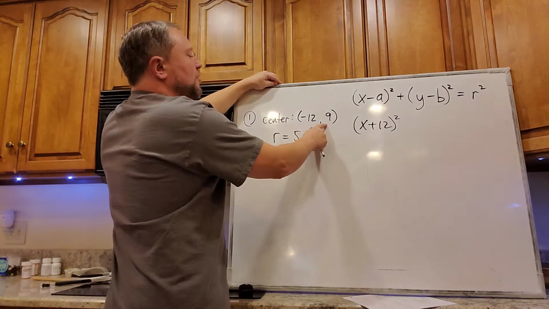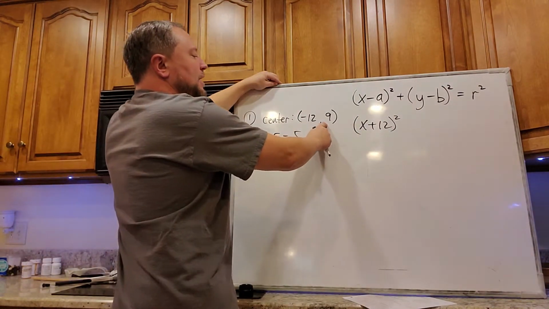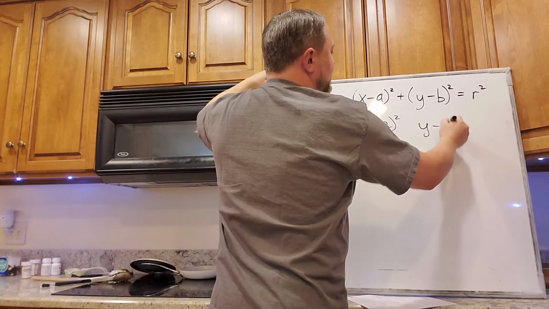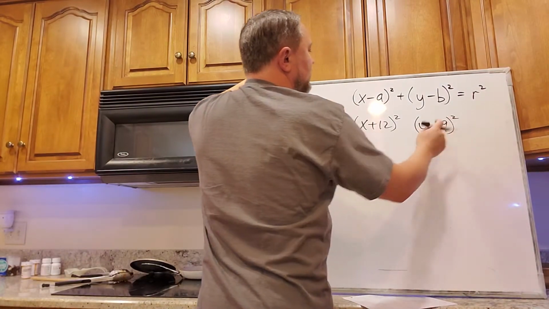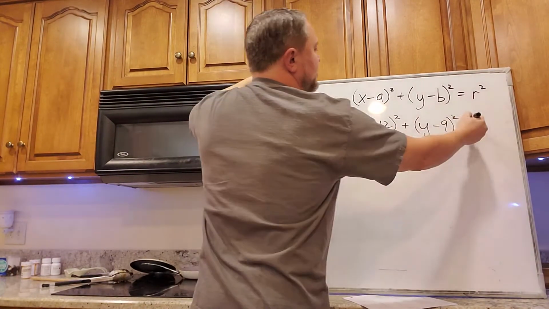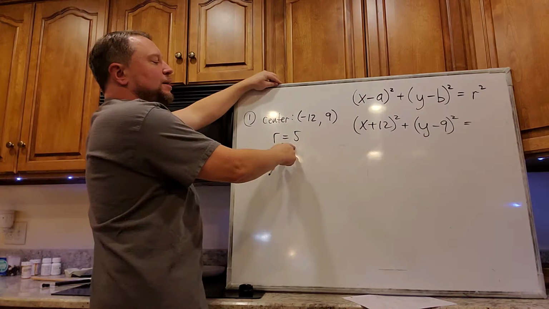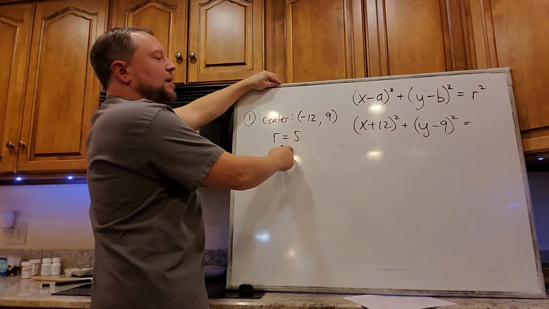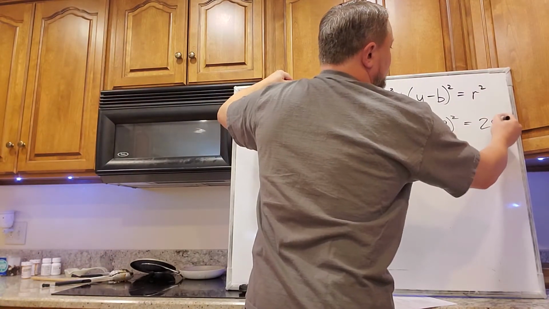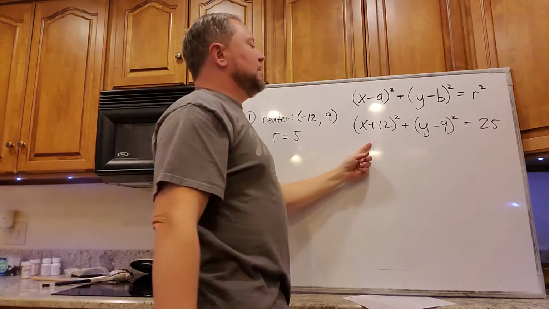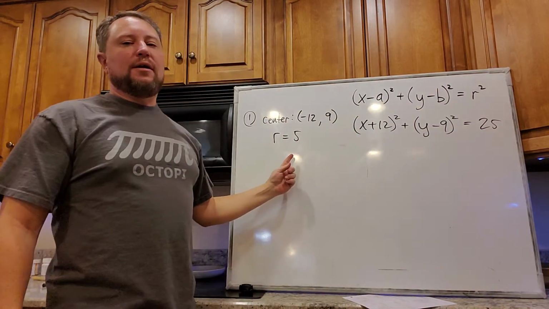The opposite of the y value would be a negative 9, so y minus 9 goes inside here. Don't forget this plus, and over here we square the radius. 5 times 5 is 25. So there would be the equation of this circle right here.